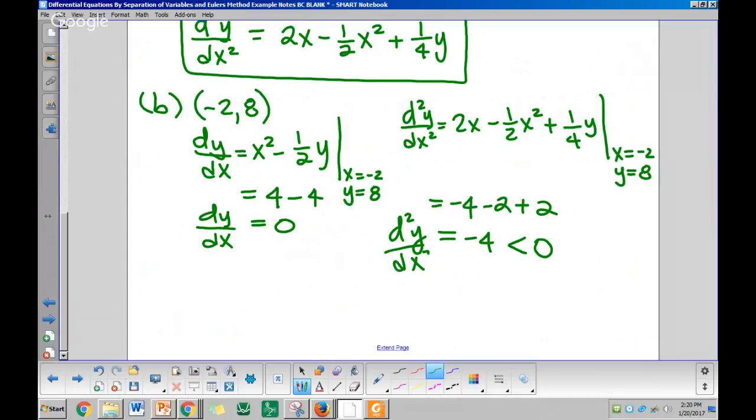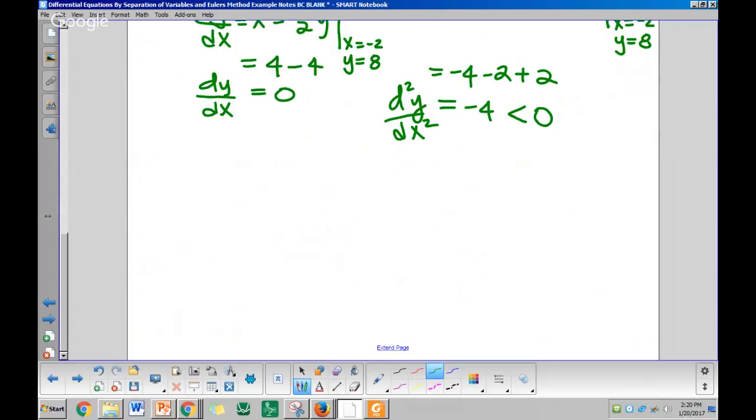So what does that mean when the second derivative is less than 0? It's concave down, and at a critical point, the only place you can reside is a maximum, right?